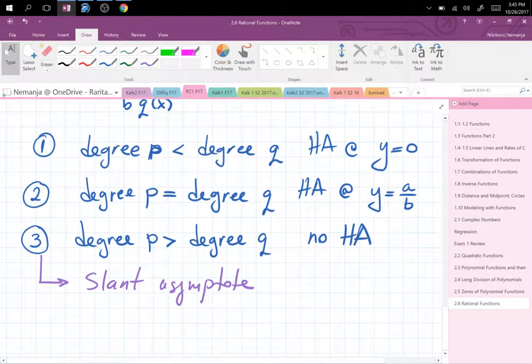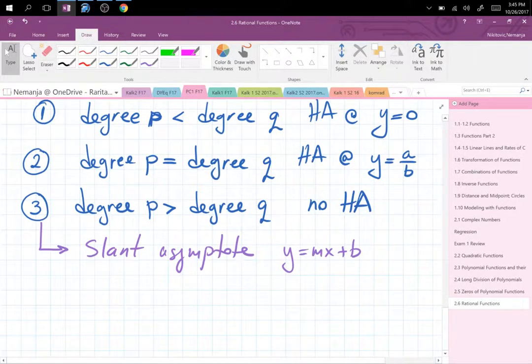A slant asymptote is y equals mx plus b. So it's some linear line that is slanted, it has a slope, right? That's what it is. So when do you have a slant asymptote? You have the slant asymptote when the degree of p is equal to the degree of q plus 1.